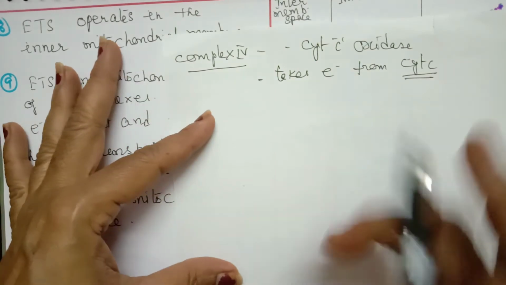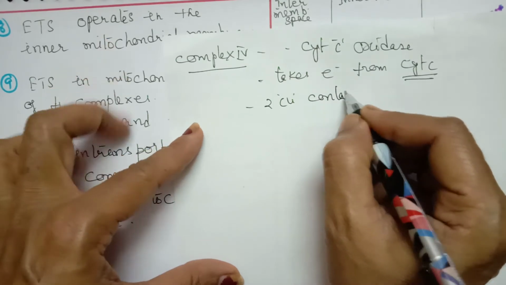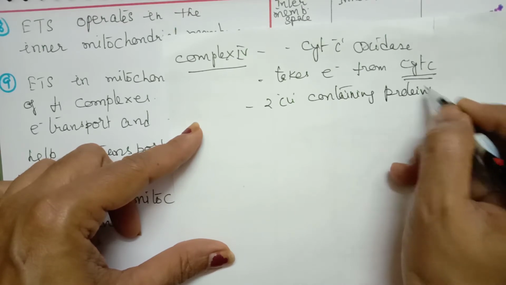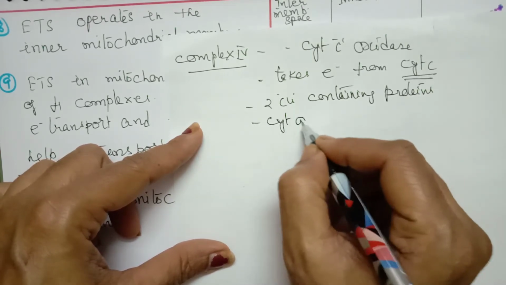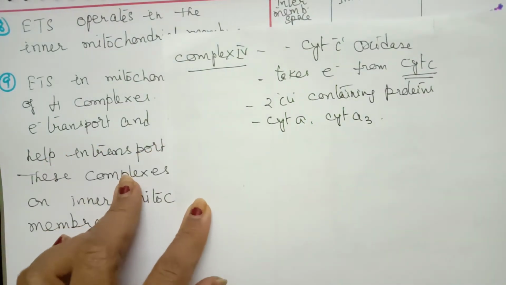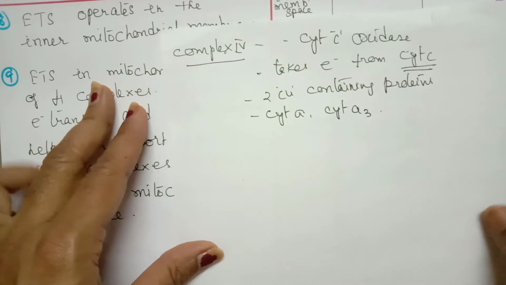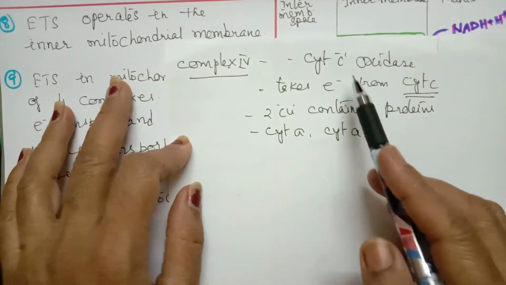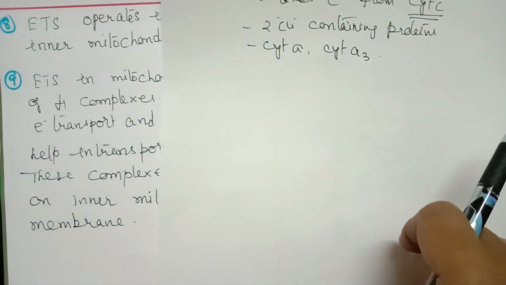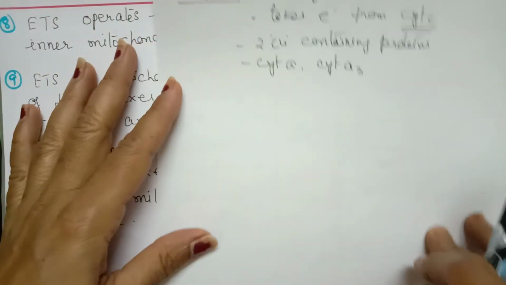And this complex 4 is made up of 2 copper containing proteins and cytochrome A and cytochrome A3. So it is also called cytochrome A and A3 complex or cytochrome C oxidase complex. All these 4 complexes, 1, 2, 3, 4, are involved in electron transport.